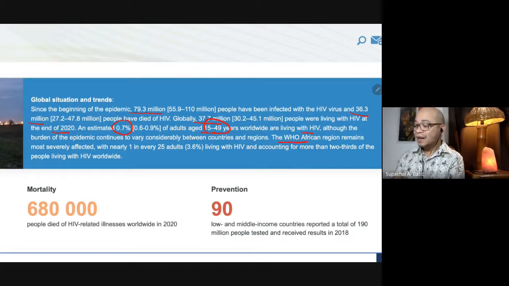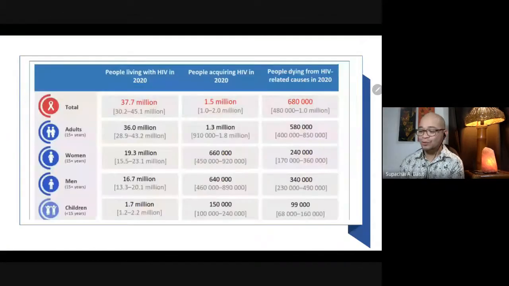The African region remains the most severely affected, with nearly, take a look at it, 1 in every 25 adults, or about 3.6%, living with HIV, accounting for more than two-thirds of the people living with HIV worldwide. So in Africa, HIV is really the most common.